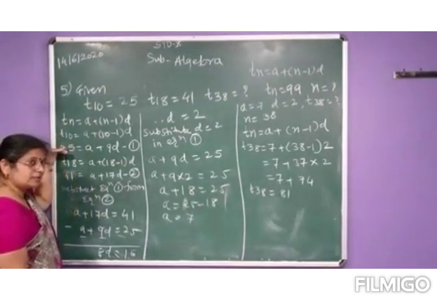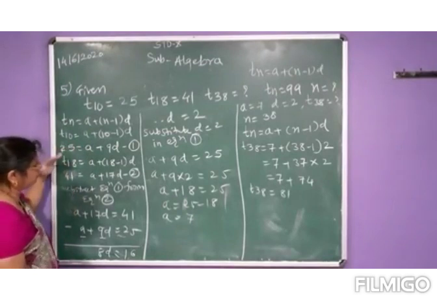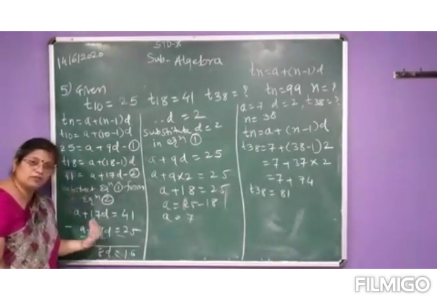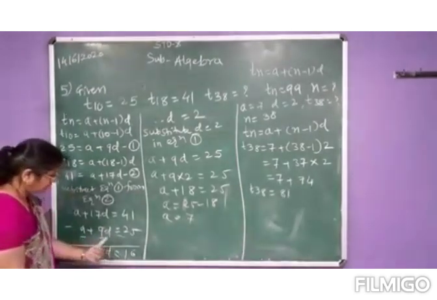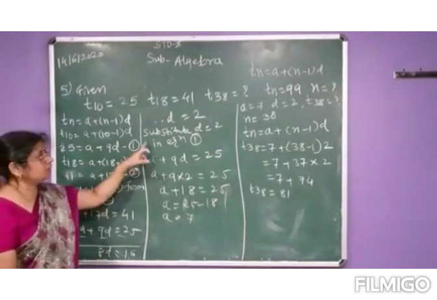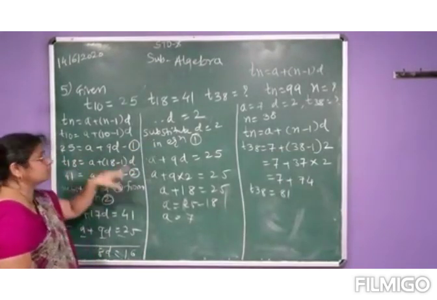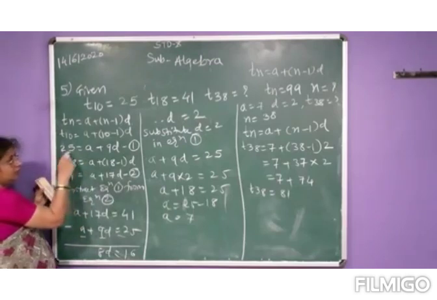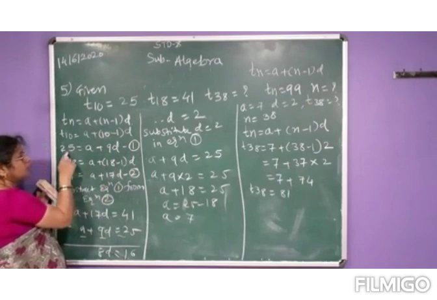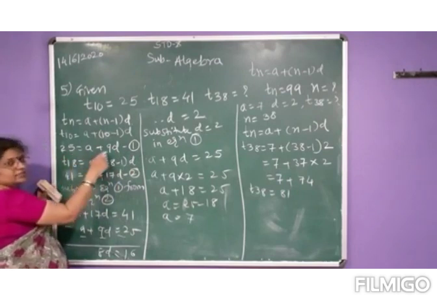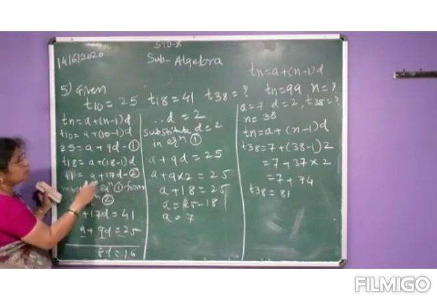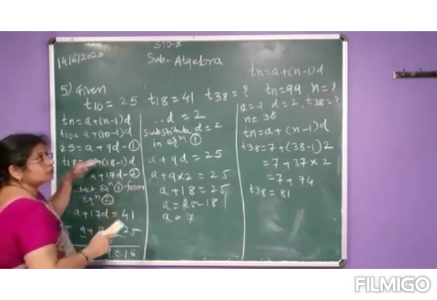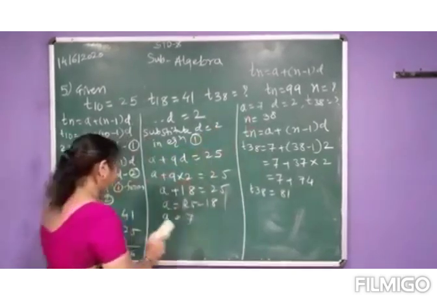These simultaneous equations you can solve by the elimination method, that means eliminating one of the variables, or otherwise you can use the substitution method. When using the substitution method, from the first equation, 25 minus 9d is equal to a. You substitute that where a is there, and then also you will get the value. Understood this?